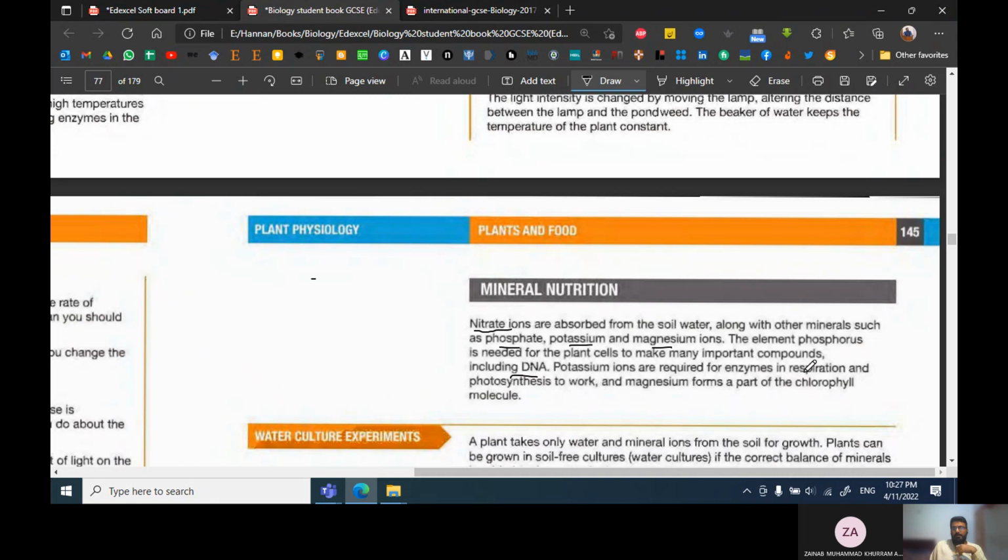Potassium ions are required for enzymes in respiration and photosynthesis to work, and magnesium ions form a part of the chlorophyll molecule. Chlorophyll can never be completed without magnesium, which means no magnesium, no chlorophyll. So it is very important.